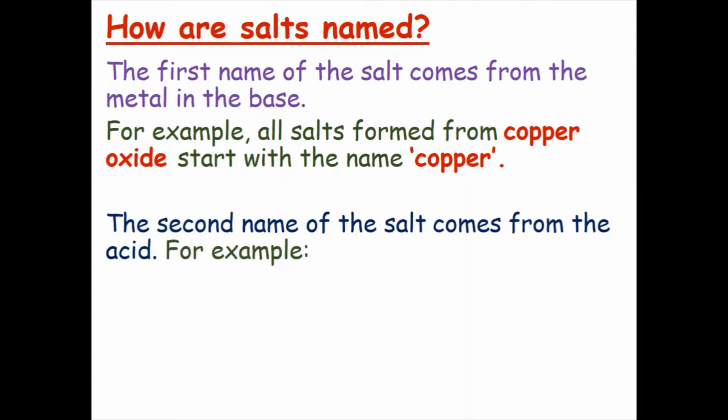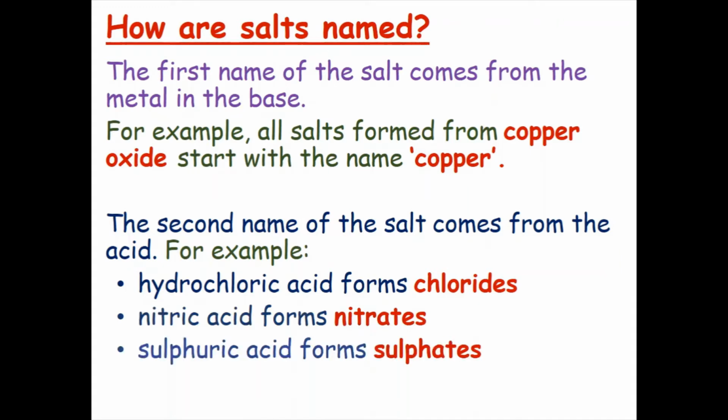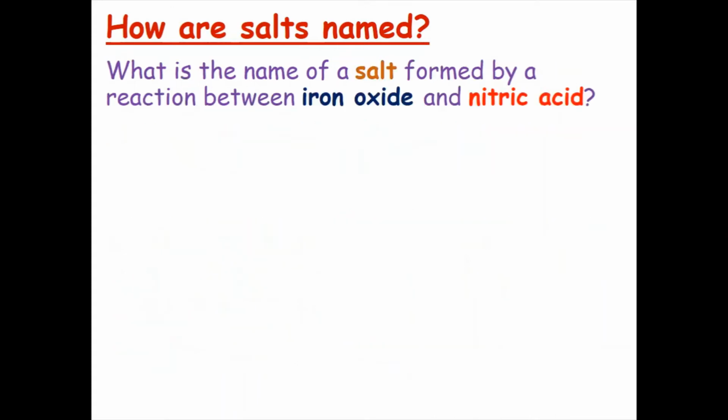The second name of the salt comes from the acid. For example, hydrochloric acid forms chlorides, nitric acid forms nitrates, and sulfuric acid forms sulfates. So what is the name of a salt formed by a reaction between iron oxide and nitric acid?